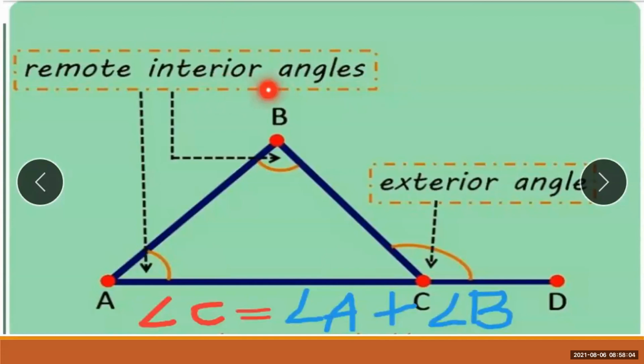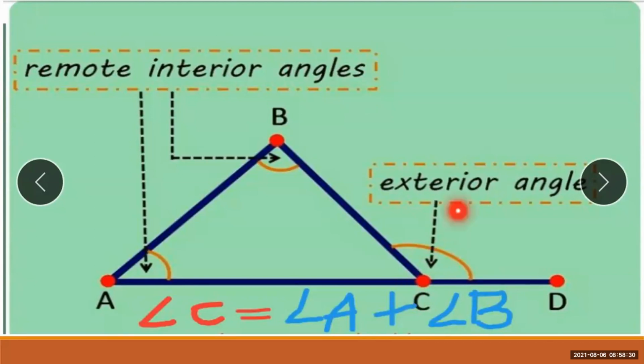Okay, and if we draw an angle like that, due to extension of a segment, the angle formed outside, related with this triangle, then it is called as exterior angle, means the angle outside the triangle, due to the extension of any one side.